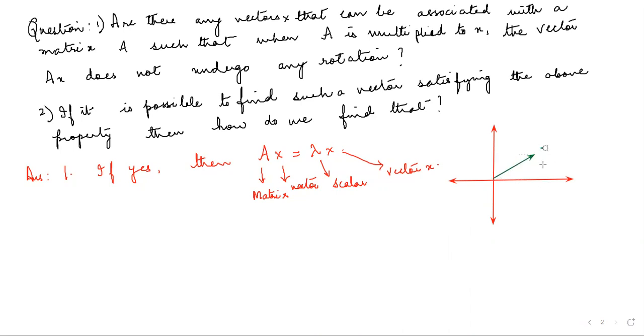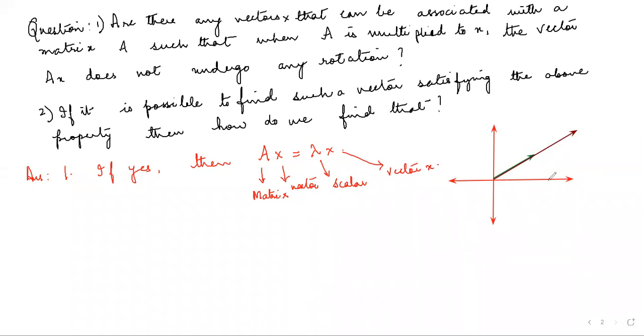So this is the vector x, and you multiply this vector with a certain multiple. You get a vector which is slightly longer than this, but as you can see, it is superimposed on the original vector.